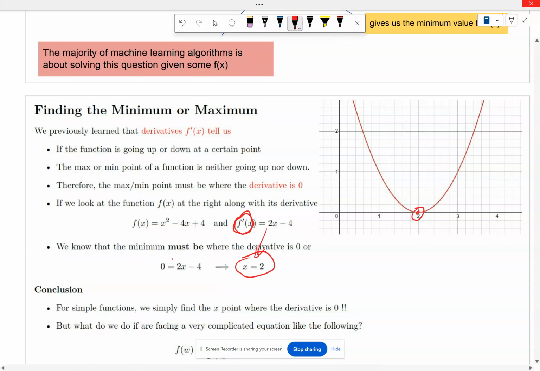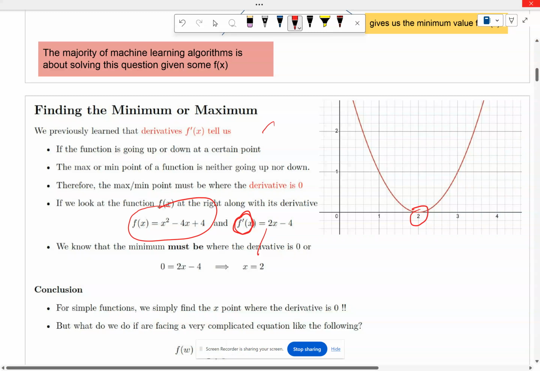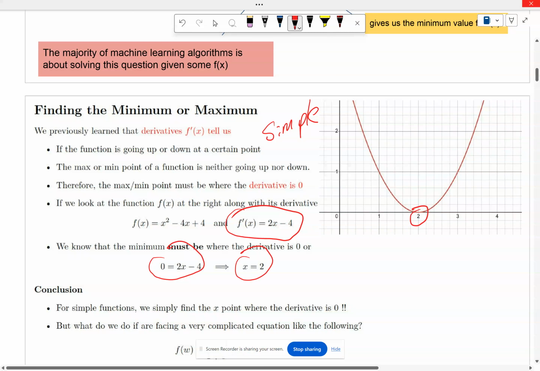If we plug in x equals 2, notice how we get a 0. This implies that the minimum location is indeed 2. So if we want to find a maximum or minimum for really simple equations, we just take the derivative, set it to 0, and find the optimal solution.